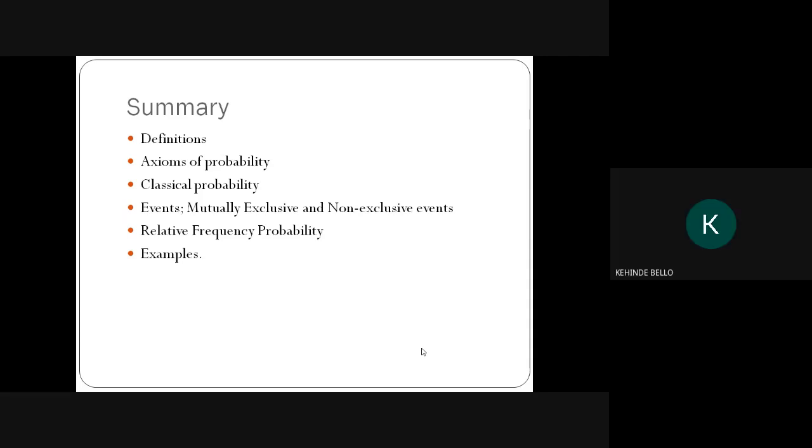This is in response to Adebi's question. I'm looking at mutually exclusive and independent events. If I have a jar with seven white balls and three black balls, that is 10 balls in all.